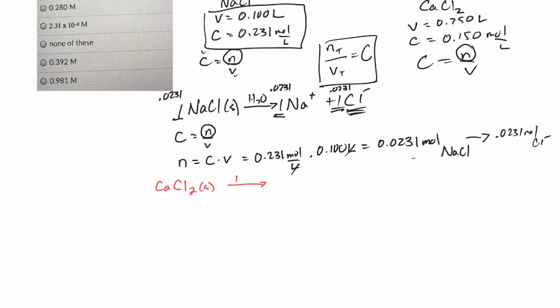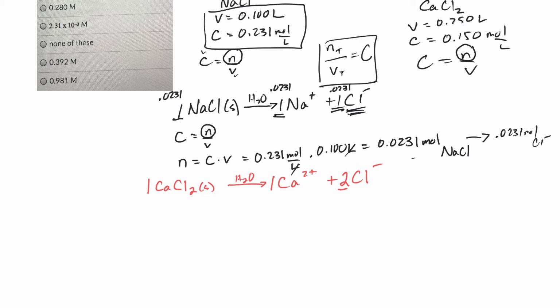When you dissolve it in water, it dissociates to form calcium ions and chloride ions. Now to balance it, of course I need a 2 here, and that's going to have implications for us in a minute. So if I have one of these, it produces one of those, and two chloride ions.